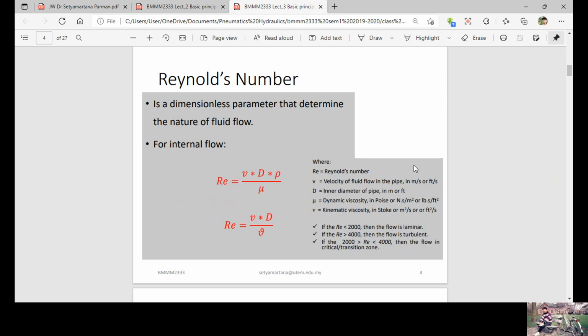All the units you can see here: V in meter per second, D in meter, mu in Newton second per meter square, and nu in meter square per second. If the Reynolds number is between 2000 and 4000, then the flow is in the critical or transition zone.